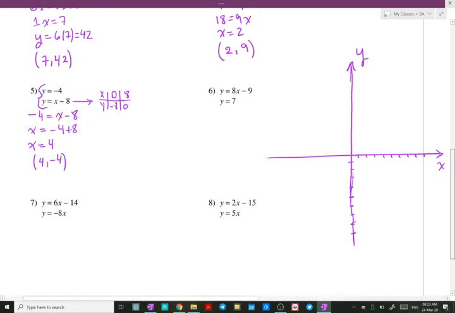When x is 0, y is minus 8. When y is 0, x is plus 8, and you draw your line.